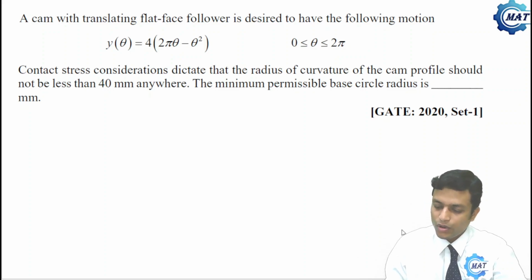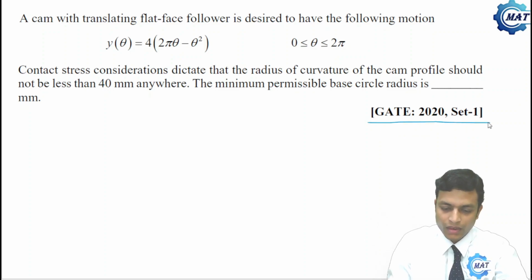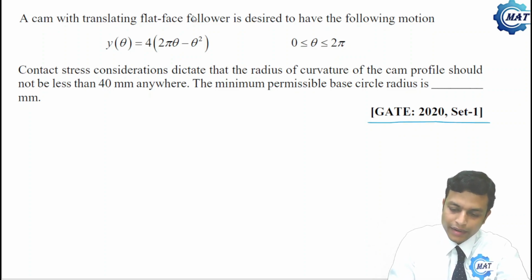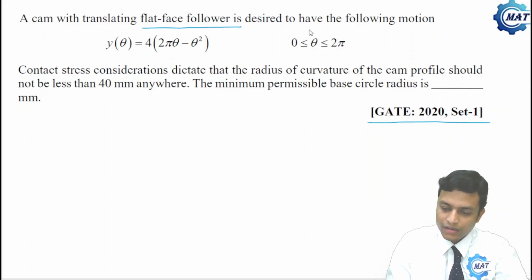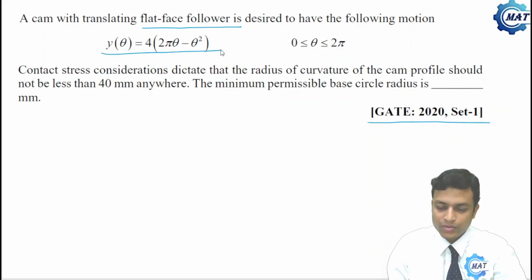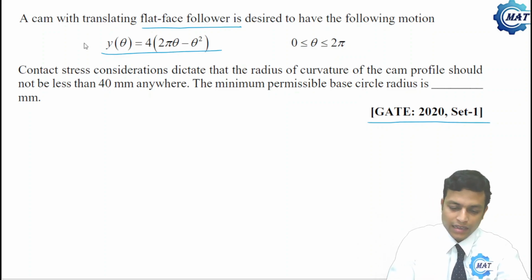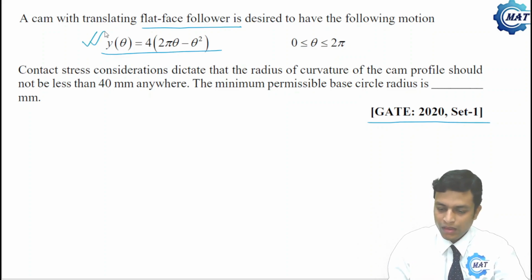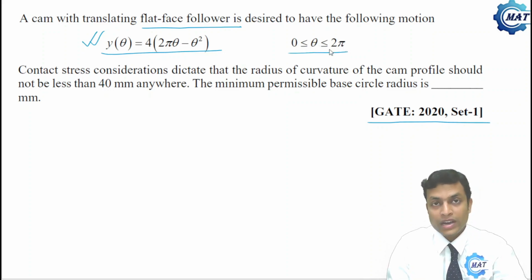Now let us solve a problem that was asked in GATE 2020. A cam with a translating flat face follower is desired to have the following motion. The expression of y of theta is given in analytical form, and the range of theta is also given: theta varies from 0 to 2 pi, that is, a complete cycle of cam rotation.